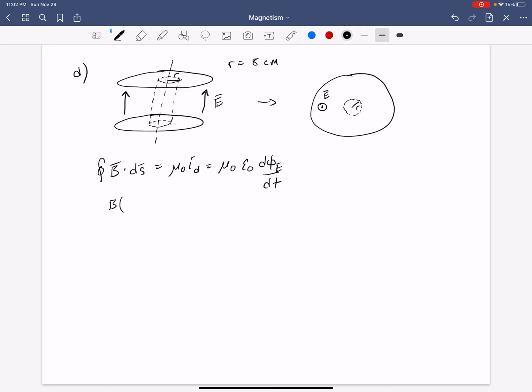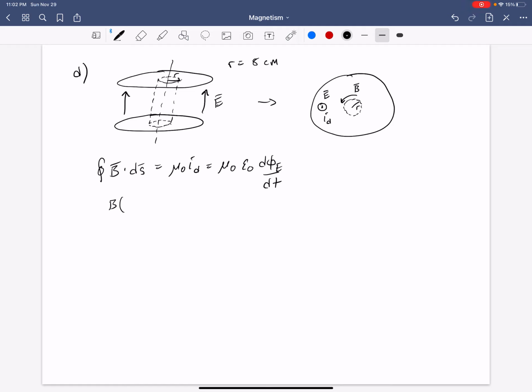That's also the direction of the current. Okay, so using the right-hand rule, put your thumb out of the screen. That means your fingers will curl in the counterclockwise direction. That will be the direction of the induced magnetic field.